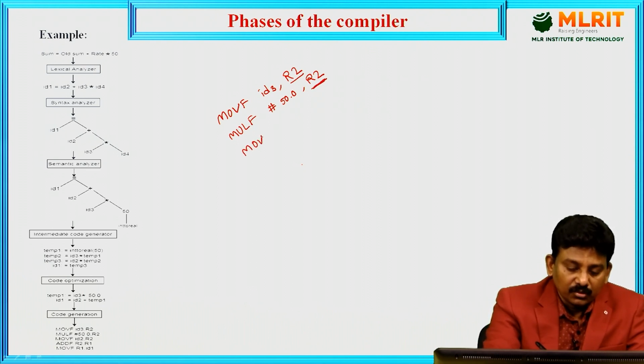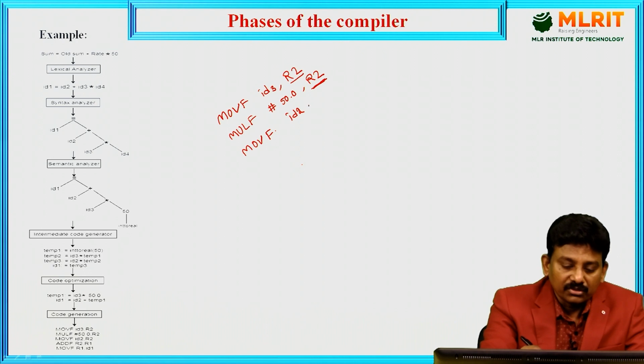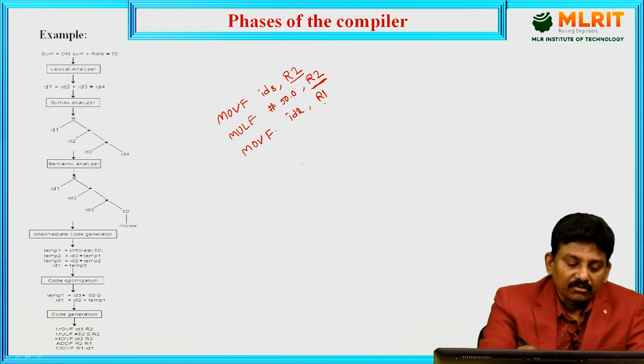Then move f identifier 2. Identifier 2 is old sum. Old sum is moved to, not R2, R1. Take another register, R1. Now R1 will contain identifier 2, which is old sum. Then add f R2 comma R1.